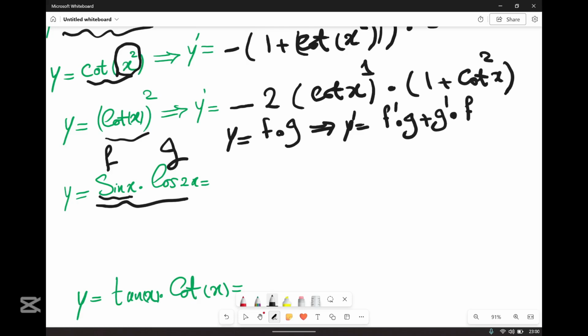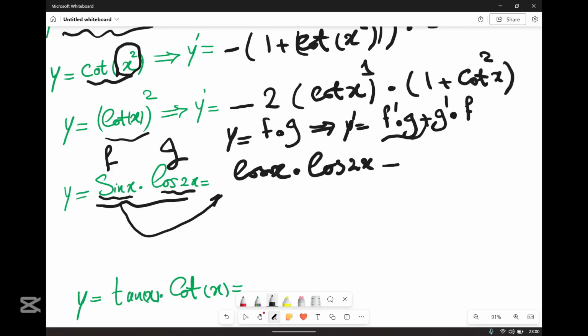Derivative of the first part multiplied by the second, and vice versa: the derivative of the second part times the first. Here, the derivative of sine is cosine x times cosine 2x. The derivative of this part is minus, also the formula has a positive, but I put the negative of the cosine formula here. Therefore, I directly calculate this: minus 2 cosine 2x multiplied by sine x.